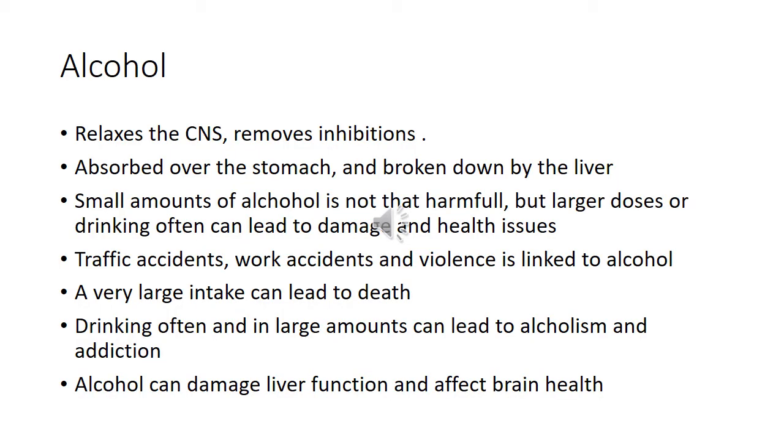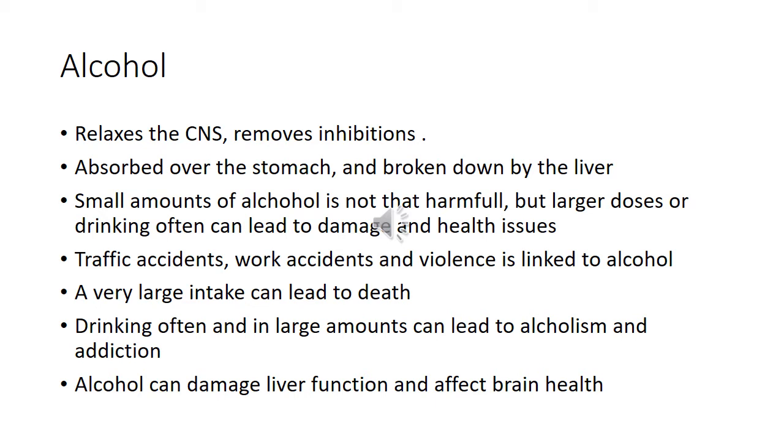Alcohol is a special drug compared to both the opioids we talked about and caffeine and other drugs. Most drugs affect a specific receptor on a cell membrane. So opioids go in and affect a receptor in the brain.